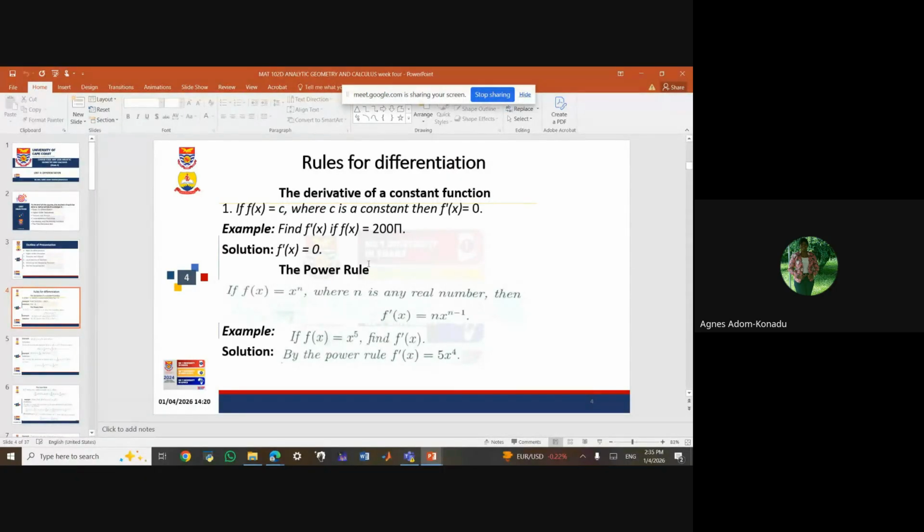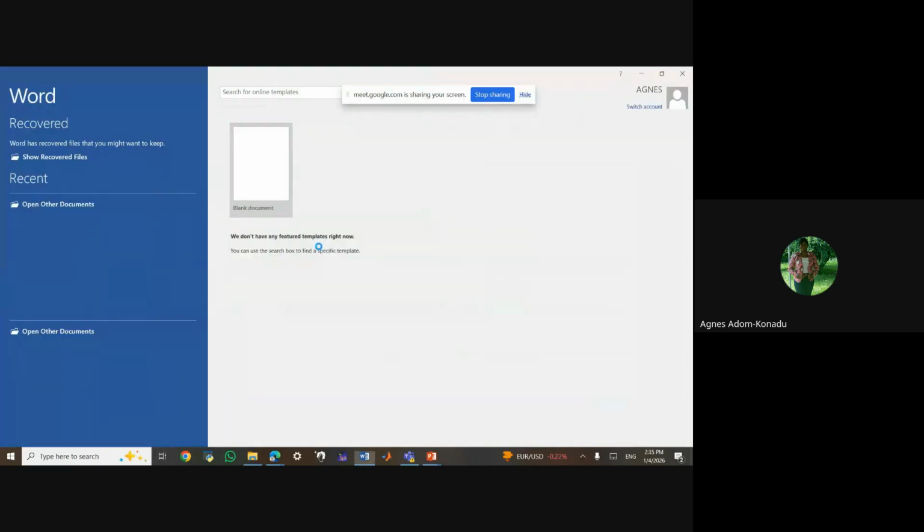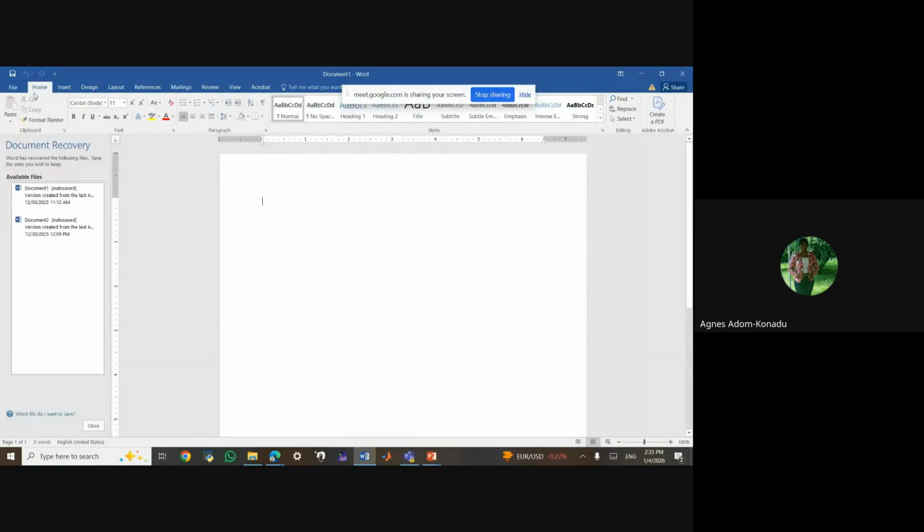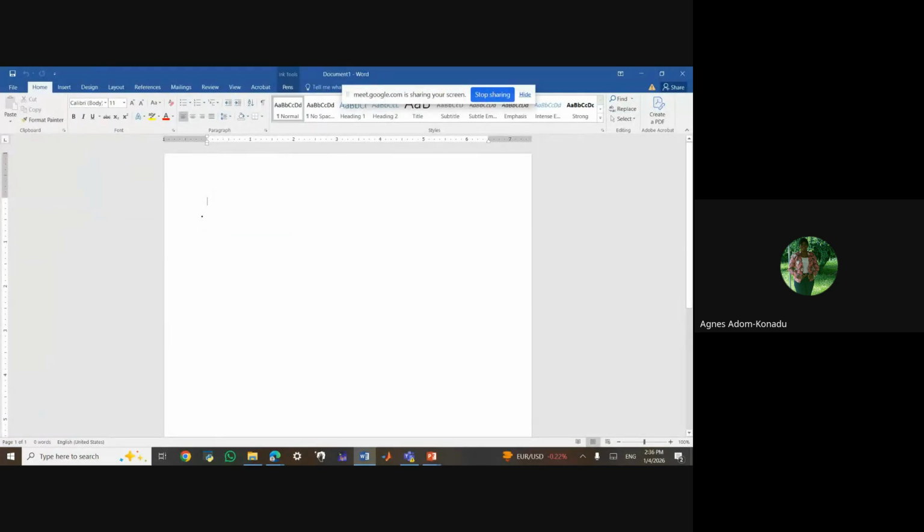Then the next rule we want to look at is the power rule. It says that if f of x is equal to x to the power n, where n is any real number, then f prime of x is equal to n x to the power n minus 1. So we just saw that anytime I differentiate a constant c, f prime of x gives me 0.